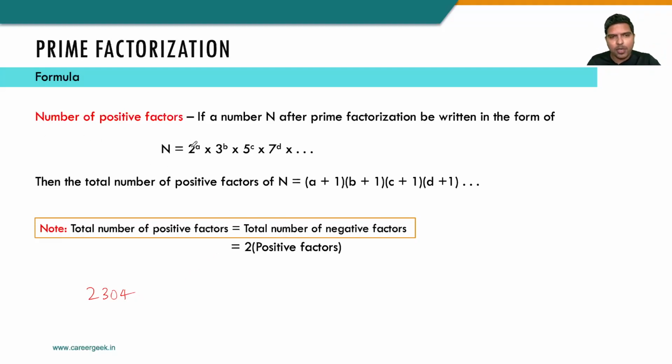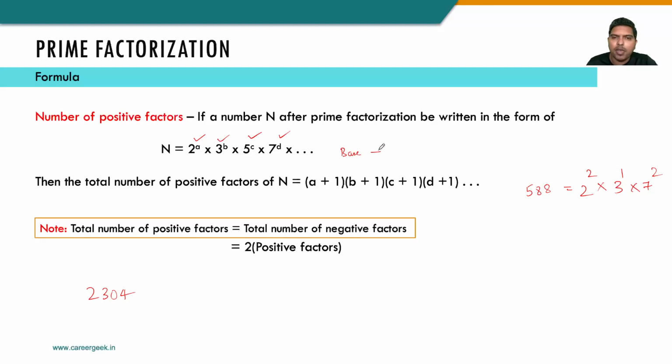Now what is the formula? The first step is you will prime factorize. For example, we take 588, what we have done in the previous slide. The idea is you will prime factorize the number as the bases have to be prime numbers.